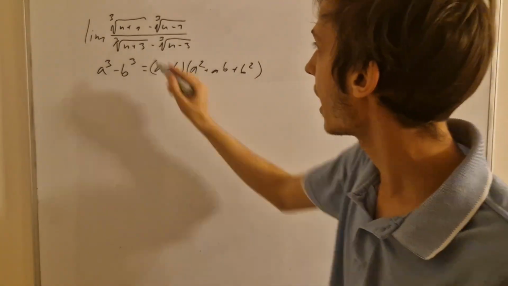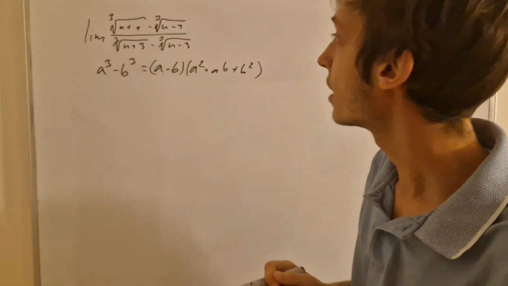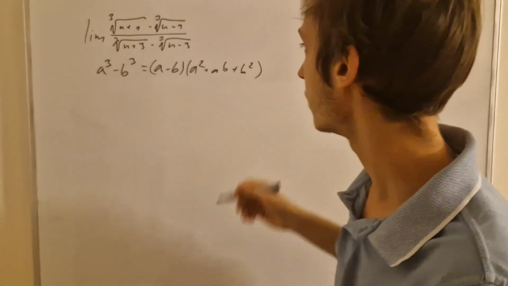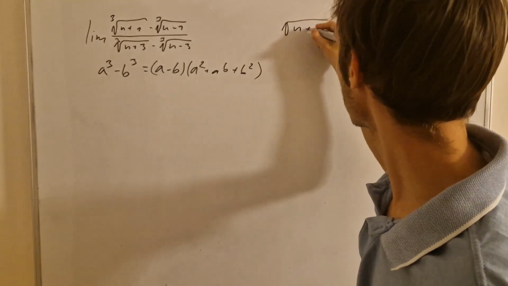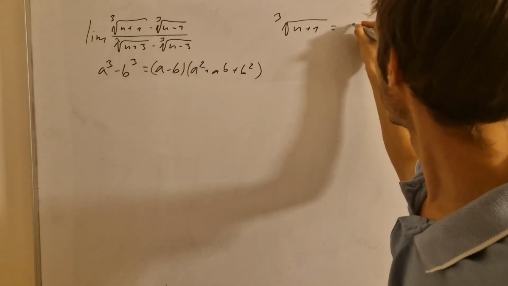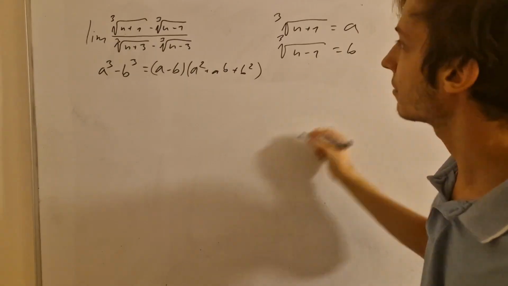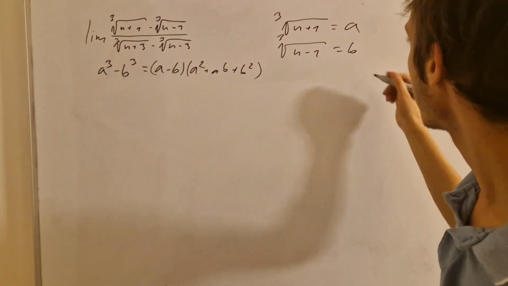Well, we imagine the n plus 1 in the third root is a, and the other one is b. So n plus 1 is a, and we'll do the same thing for the denominator in a second, but let's now take care of that.